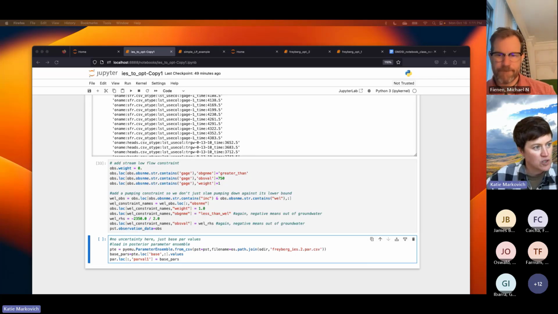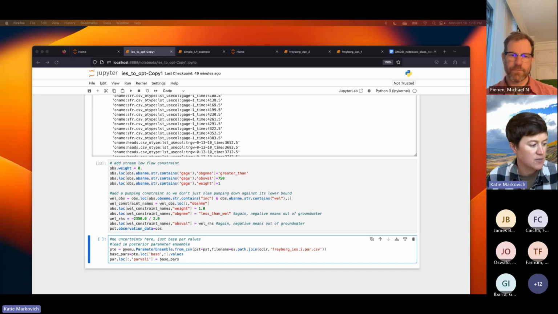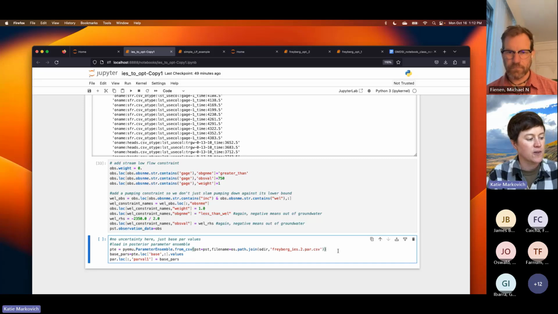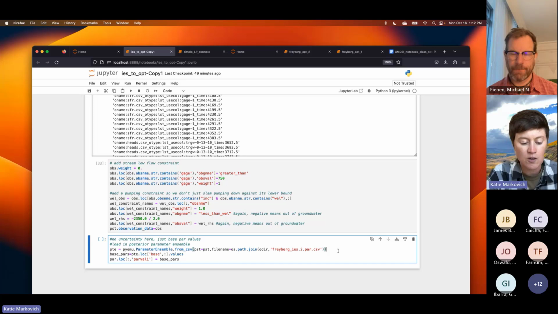I know in your homeworks you looked at uncertainty, and we're not going to look at that today in this simple example, but often without having to run the full stack for uncertainty, which can be quite costly with optimization or MOU, you can actually inspect your posterior parameter ensemble and do things like choose a risk-averse realization or risk-tolerant realization, based on whatever it is you're trying to avoid or tolerate, right?